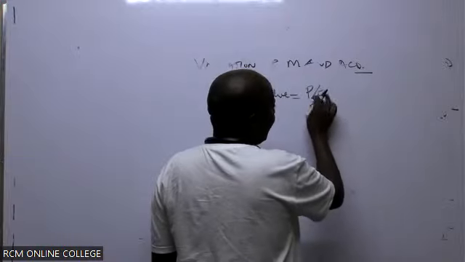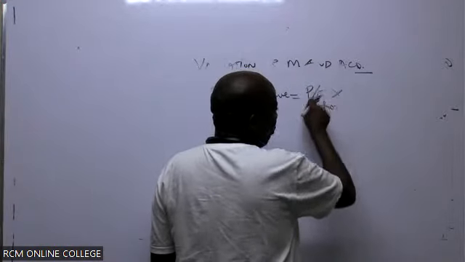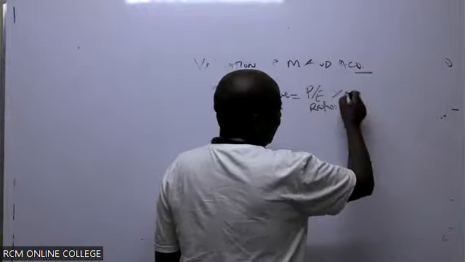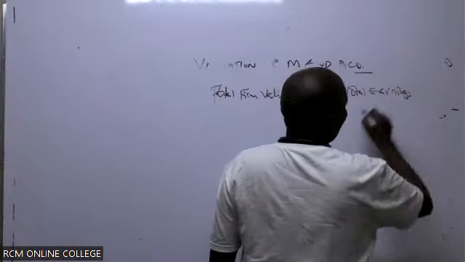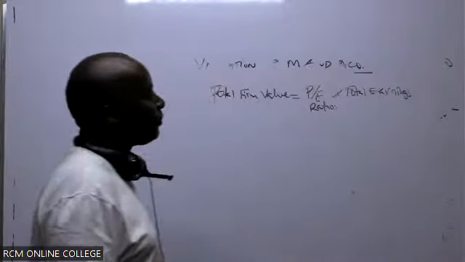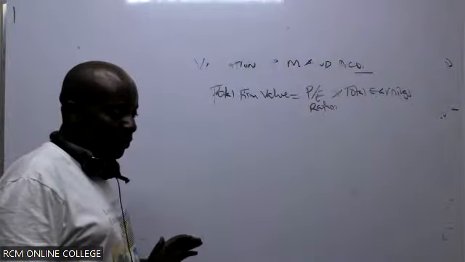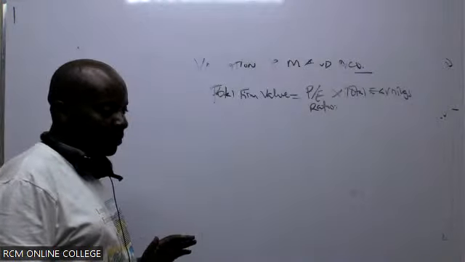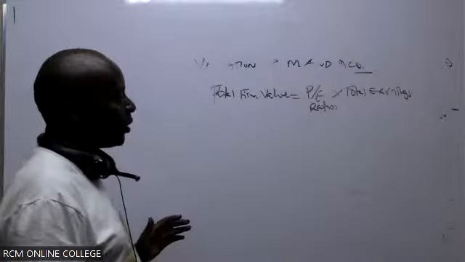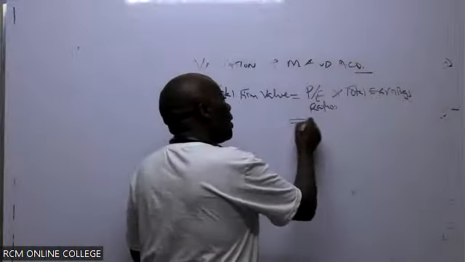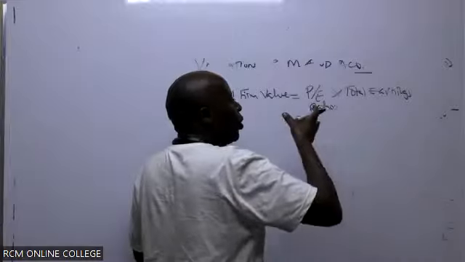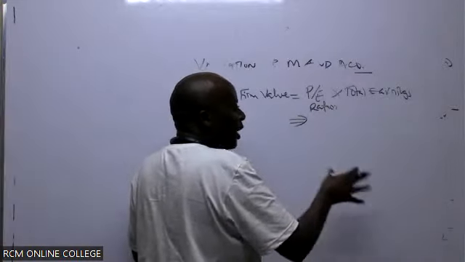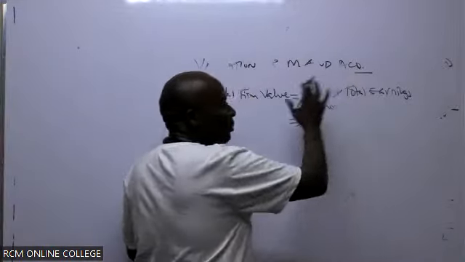The PE ratio given must be multiplied with total earnings, for it to be compatible. So the PE ratio will be given, and the total earnings of the firm that we will be valuing will also be provided to you.